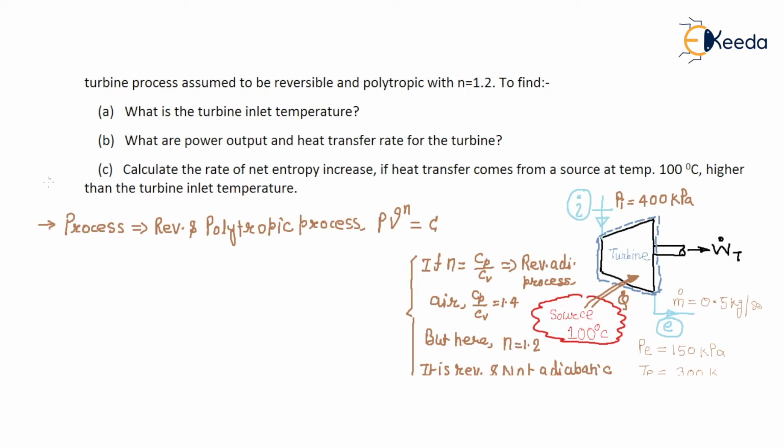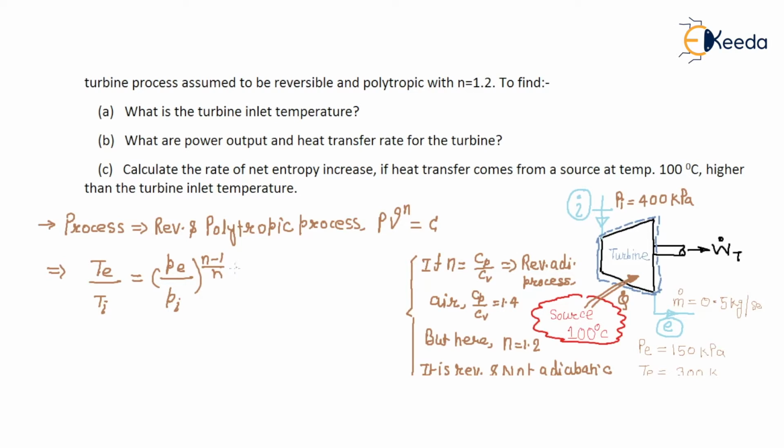We know the relation: exit temperature by inlet temperature, Te by Ti, is equal to exit pressure by inlet pressure to the power (n minus 1) upon n.